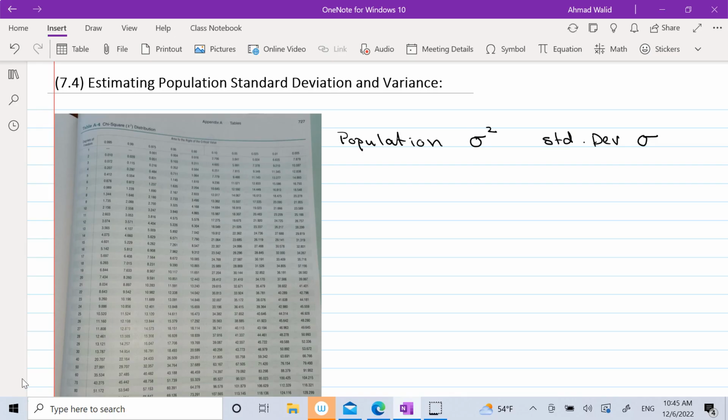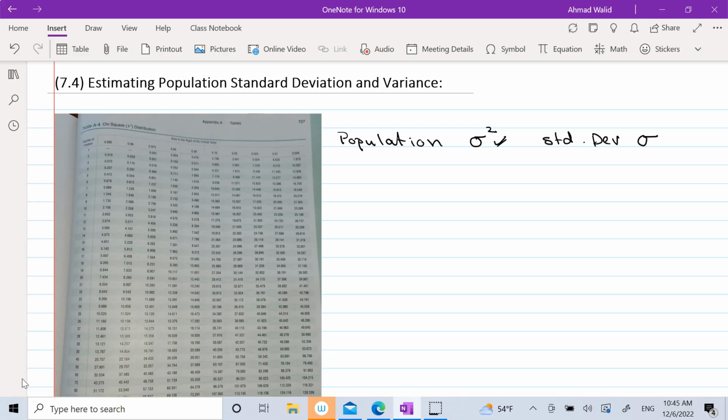Correct? Now, if we want to estimate the population variance, we cannot use the z-score here. We cannot even use the t-score.